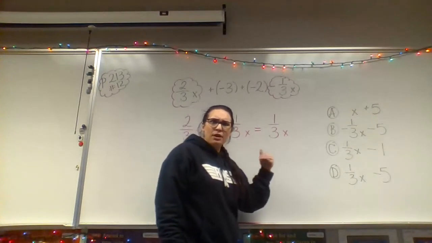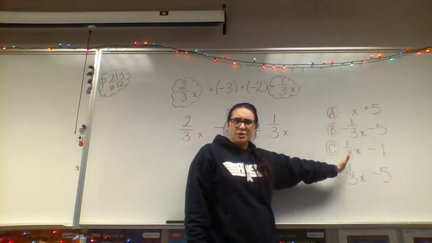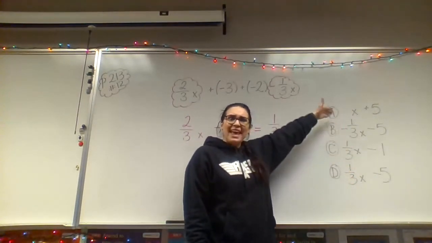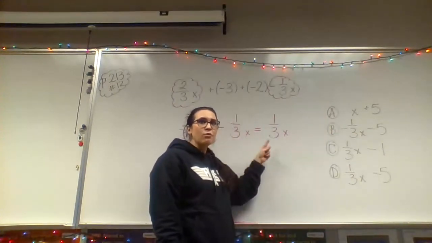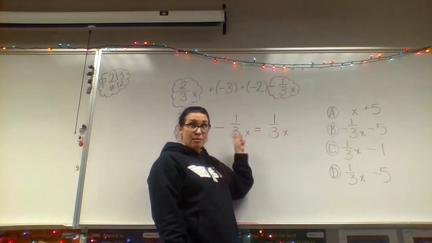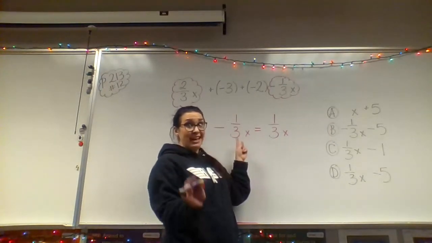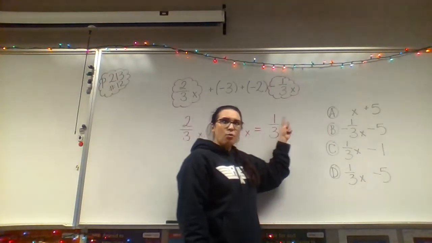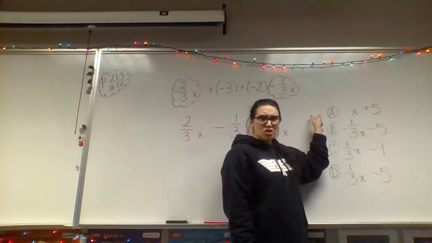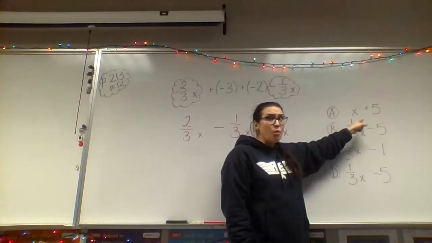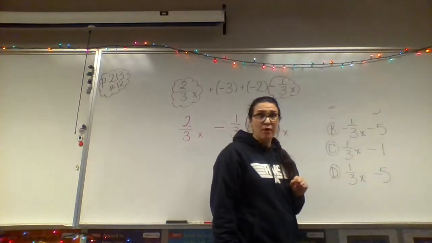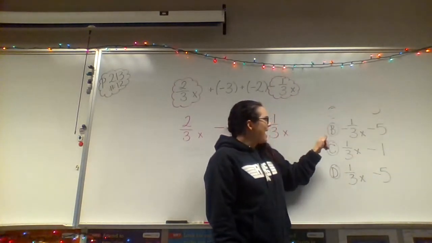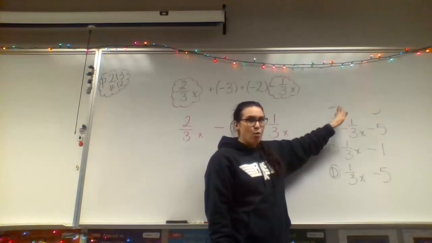So now what I want to do is look at my answer choices. And what I'm looking for is anything that does not have a positive 1/3 x, because remember, that's what my simplified version actually is. So which one does not have that? Oh, choice A, there is no positive 1/3 x, so that's not even an option, right? Now choice B, I have negative 1/3 x.